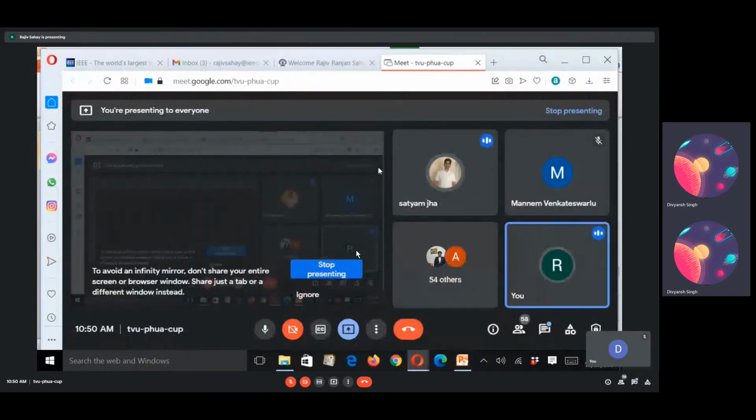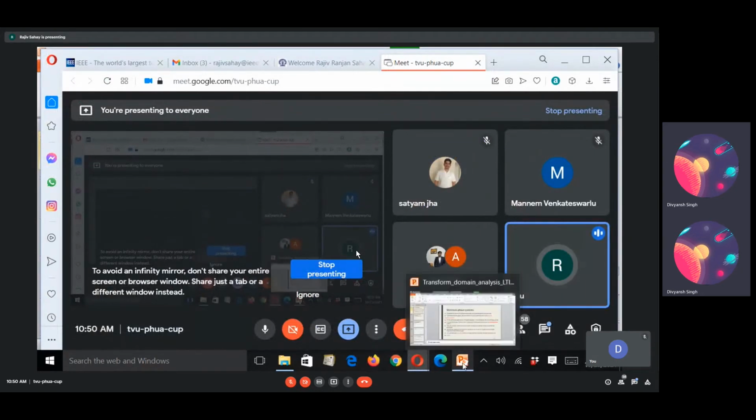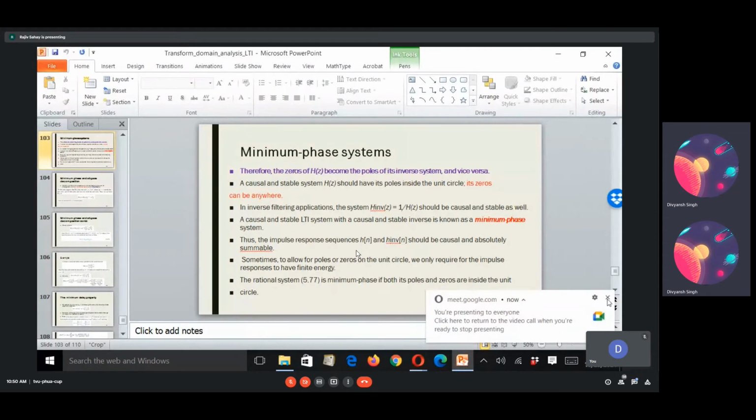Yes. I'm just trying to give you an example of an inverse filter, and to tell you why an inverse filter is tricky to design. You want to create a filter, an algorithm, which will take the blurred input image and produce a sharp or focused image. To design that inverse filter, you need to know the poles and zeros of the original system.